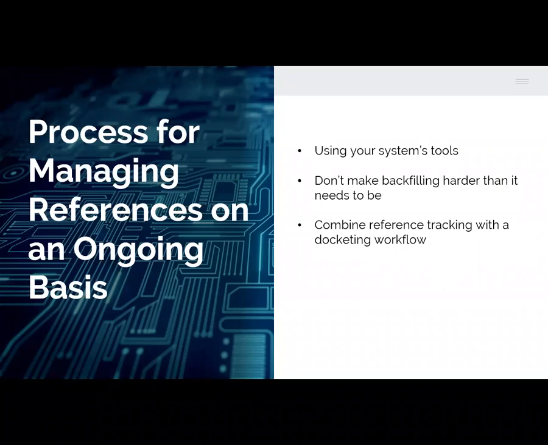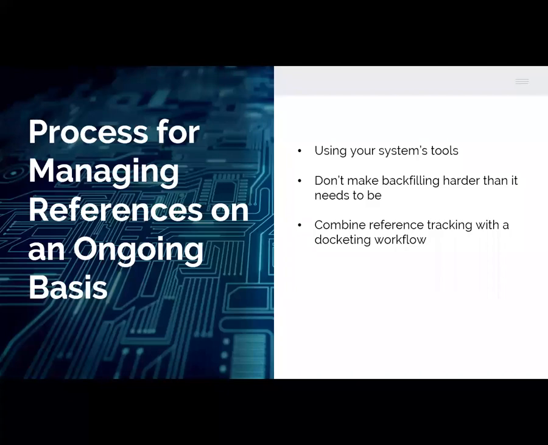Now, people I talk to who want to make that transition from the manual way of doing it to using a tool that they have often feel like the obstacle is that they have to initially populate that system with what they have previously cited.